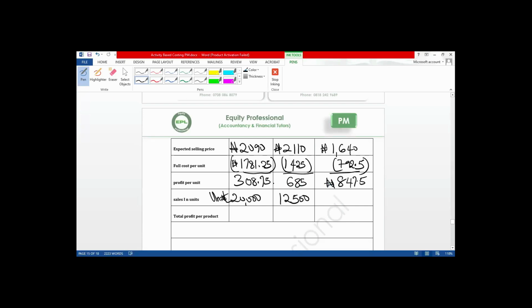These are in Naira. To get total profit, profit per unit is multiplied by number of units sold.